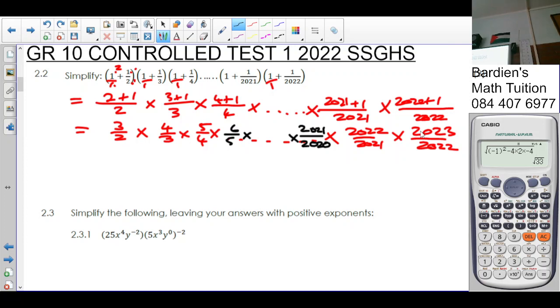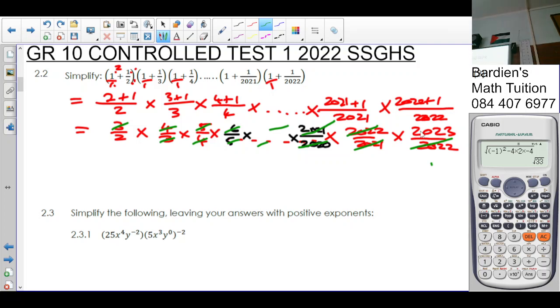So, looking at that, 3 cancels 3, 4 cancels 4, 5 cancels 5. That 6 will cancel the 6 in the next fraction. You see that? 2022 cancels 2022. 2021 cancels 2021. 2020 will cancel that 2020.